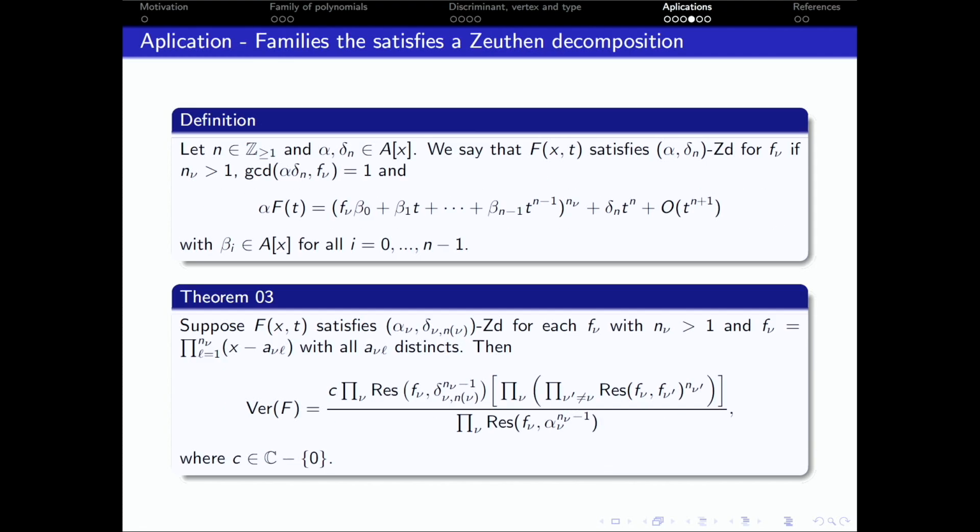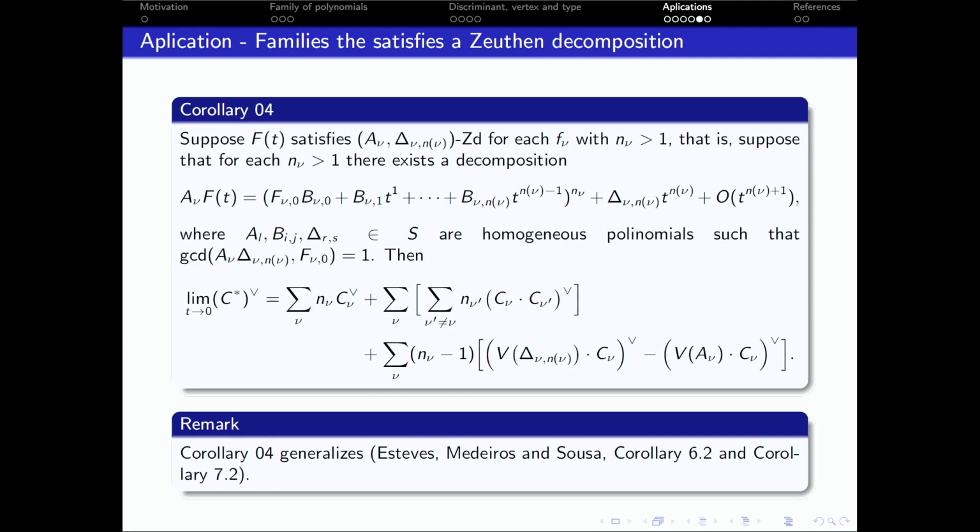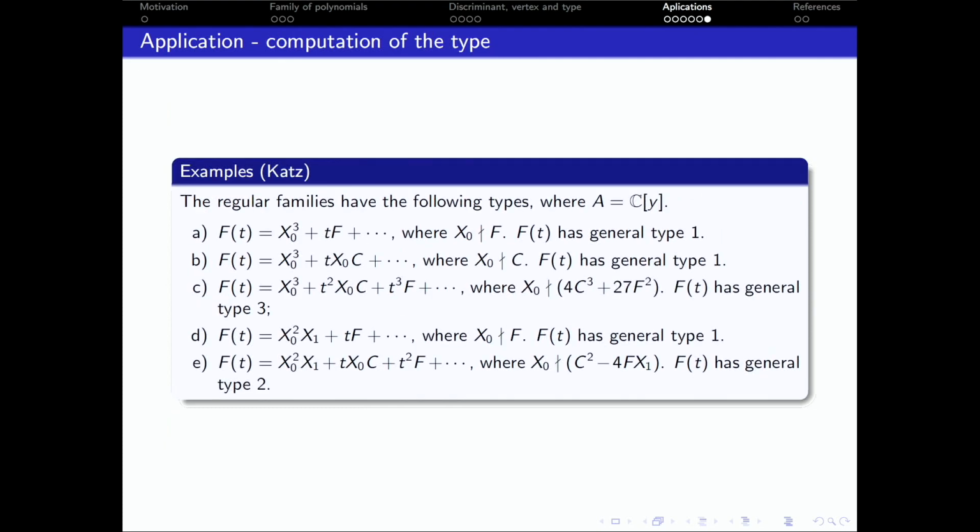And we have another family of plane curves that satisfies this expression. This family we may see as a generalization of the families of the first, second, and third type.